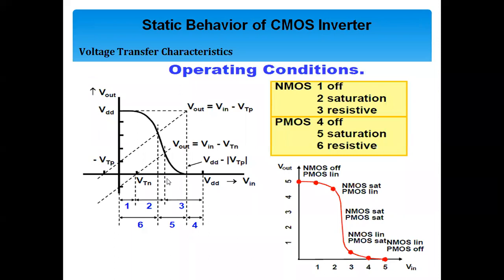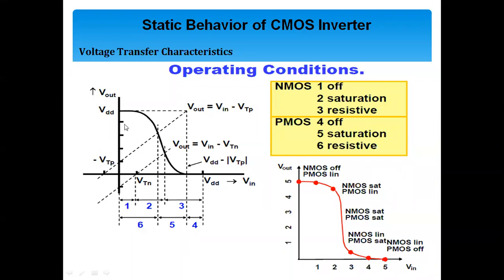In that, first is the VTC, that is voltage transfer characteristics. Now as you know, this is the voltage characteristic of the CMOS inverter. It is a voltage transfer curve, with the output voltage and this is the input voltage, the input output relationship. So this is the response of the CMOS inverter.